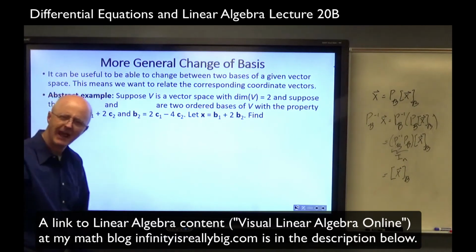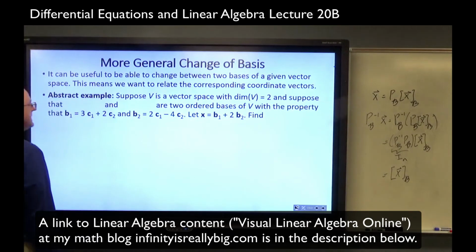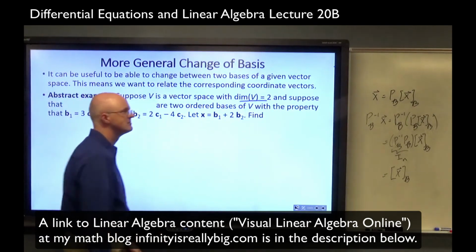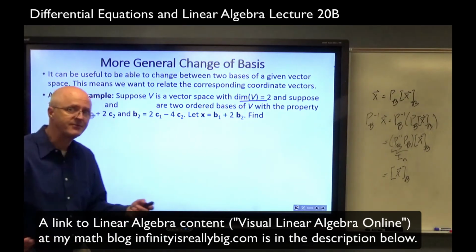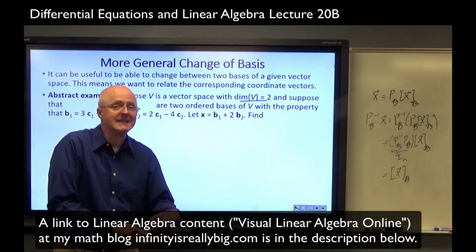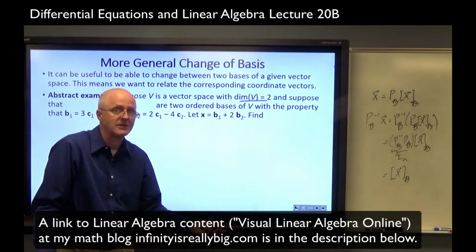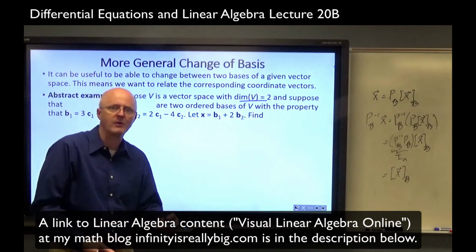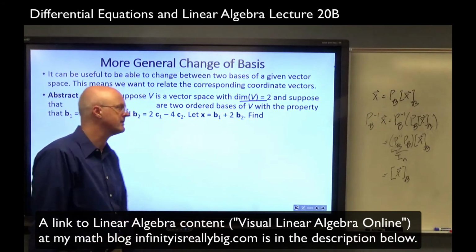Let V be an arbitrary vector space with dimension 2, just to keep things simple. V could be a space of functions. It could be the span of cosine of t and sine of t, for example, as a common basis we might use with differential equations, or the span of e to the 4t and e to the negative 3t is another common example we might use with differential equations.